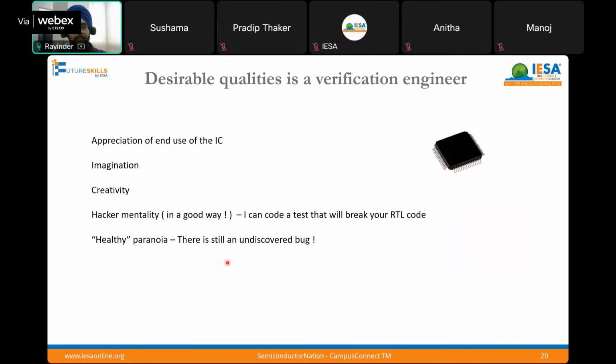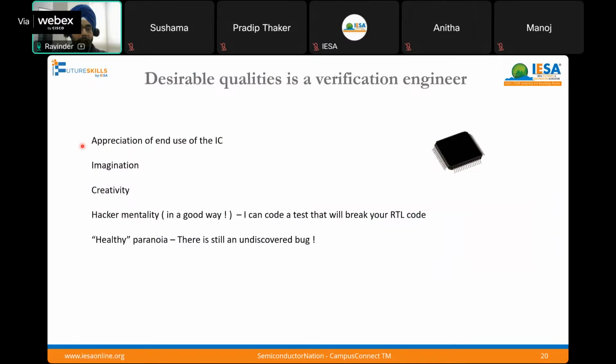Okay, this brings us to just a thought slide, and by the way, the last slide: desirable qualities in a verification engineer. Sorry about the spelling mistake.